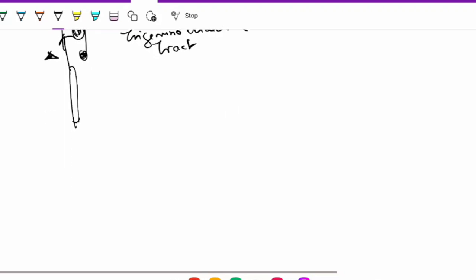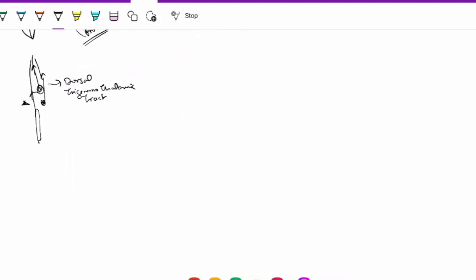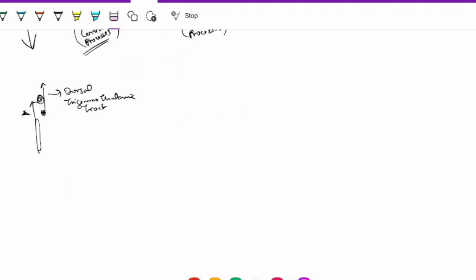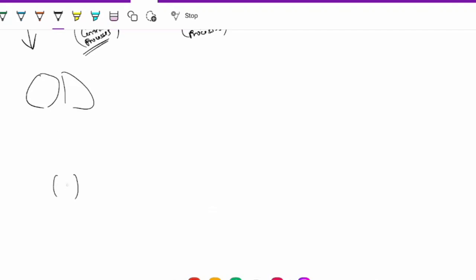So let us see in a kind of a short diagram. I'll draw properly this time. So here is your cerebral hemispheres. Here is your, let's say, pons. These three are there. So what they do is they give rise to dorsal trigeminothalamic tract.